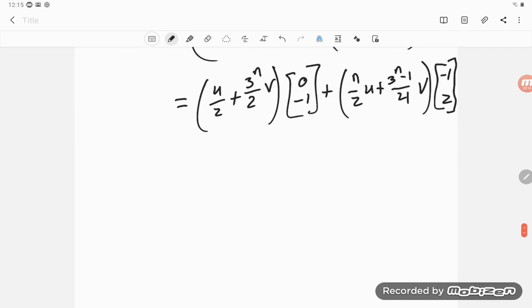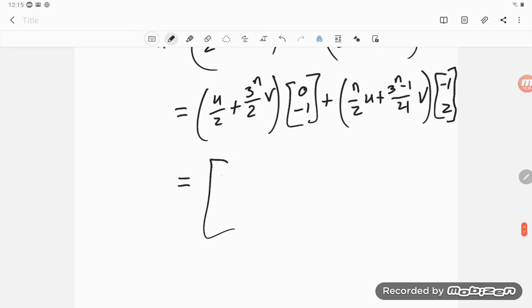Okay. And now I'll take their word for it that it simplifies to this. I would have to add everything, do the matrix multiplications and simplify, but they say that simplifies to the answer (2n plus 1 minus 3 to the n over 4, and 2n minus 5 plus 3 to the n over 4).